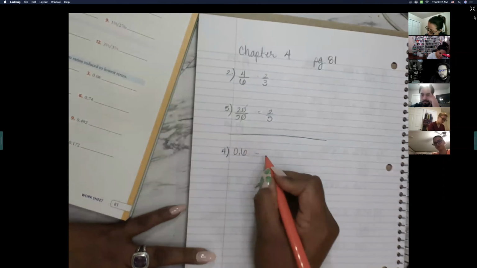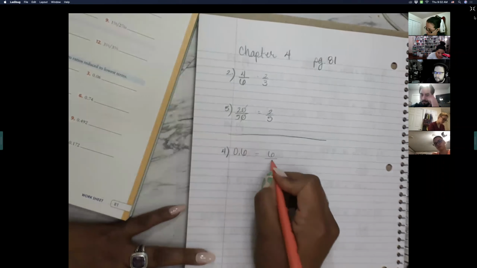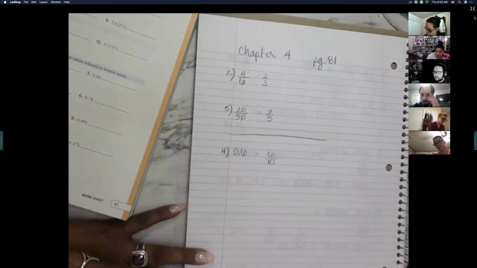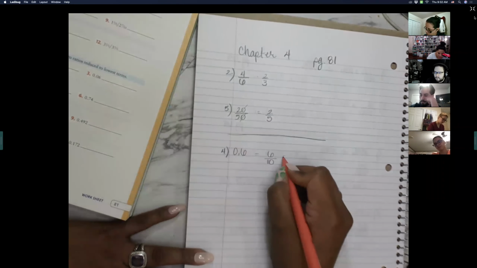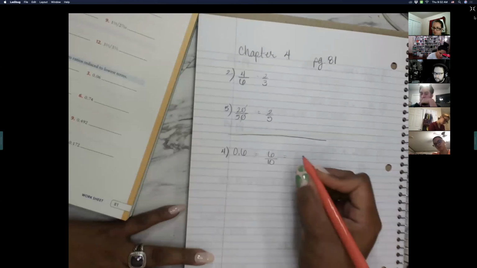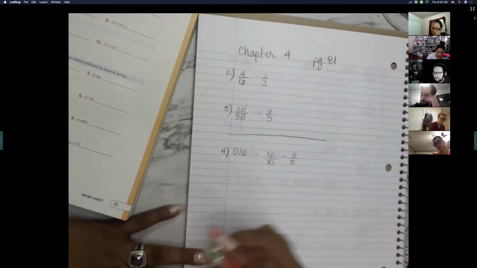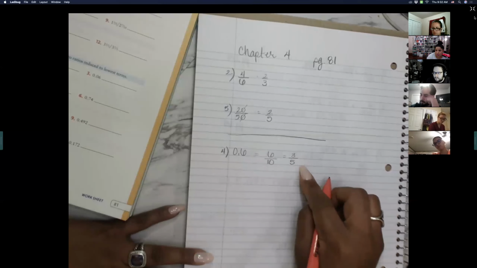As a fraction, this is a 6, in the 10th place. So I put 6/10 and I reduce, which means I can just divide everyone by a 2, right? So I'm left with 3/5. That's my reduced ratio to the lowest terms.